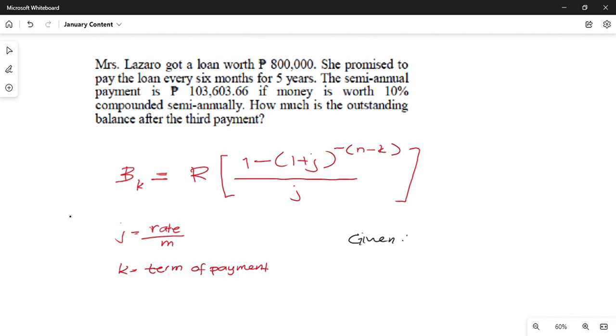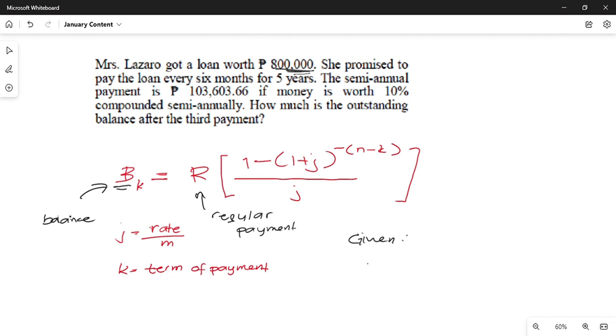The loan is 800,000 pesos, and that's actually letter P if we're solving for the monthly amortization. But here we're solving for the outstanding balance, B for balance, and R for regular payments.